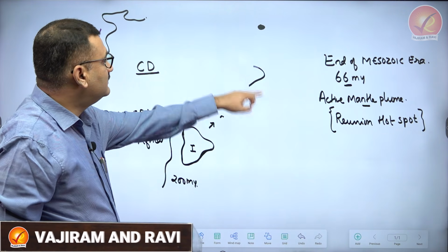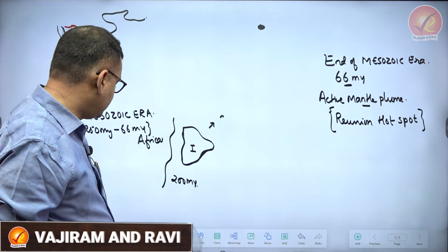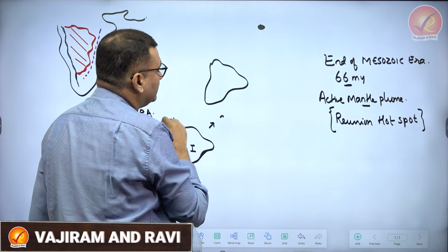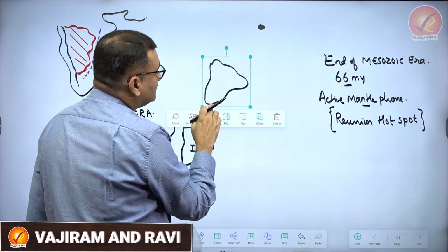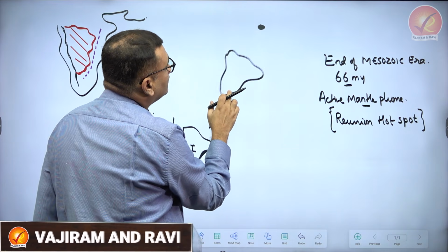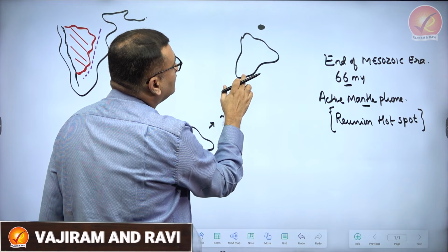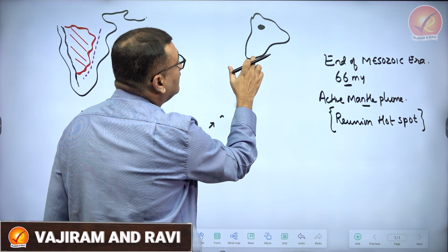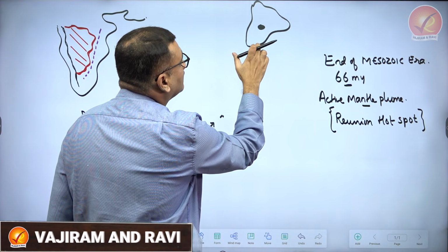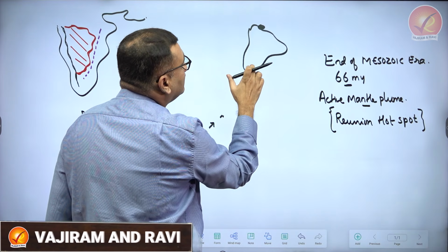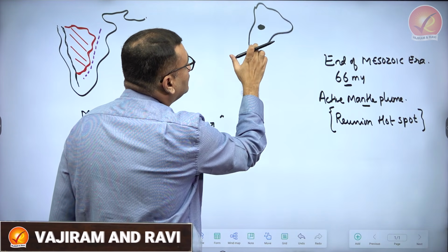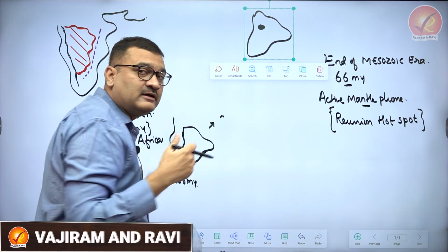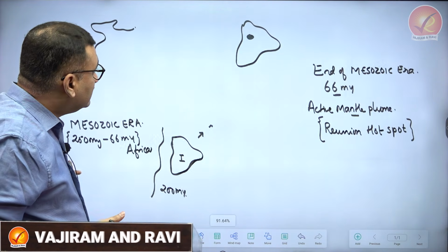So here, suppose you take this as the triangular landmass of India, and what is happening to this landmass? This landmass was moving over this Reunion hotspot. It has traveled over the Reunion hotspot in this way, and wherever it interacted with this mantle plume, volcanic eruption occurred.